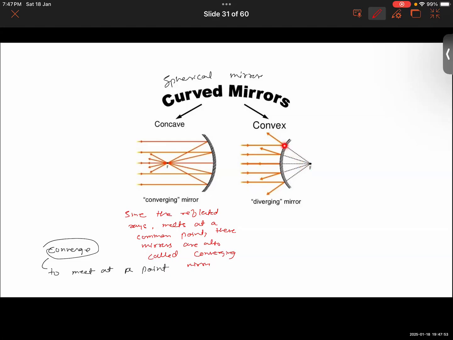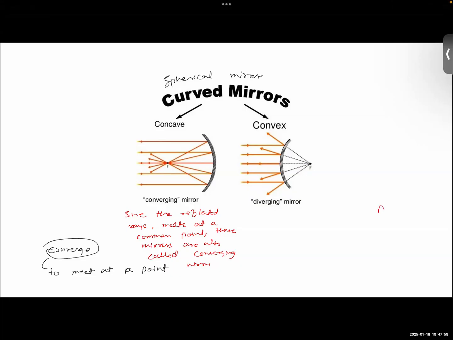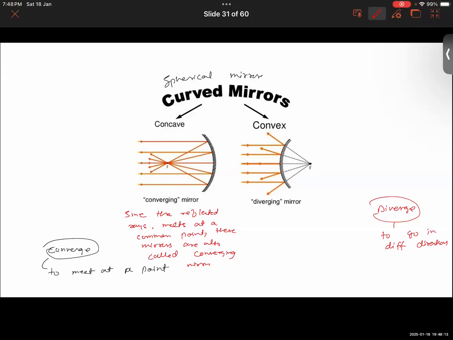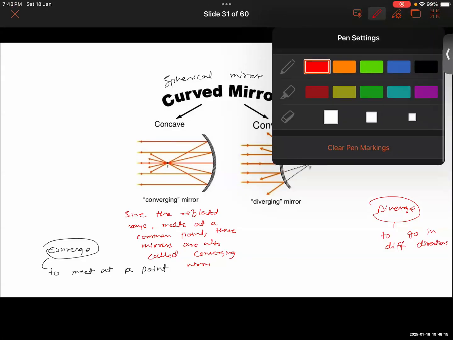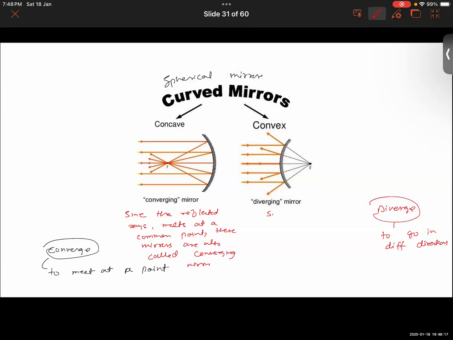So the rays of light are diverging. Diverge means to deviate, to go in different directions. So the rays of light after reflection go in different directions. So this mirror, the convex mirror, is also called a diverging mirror.